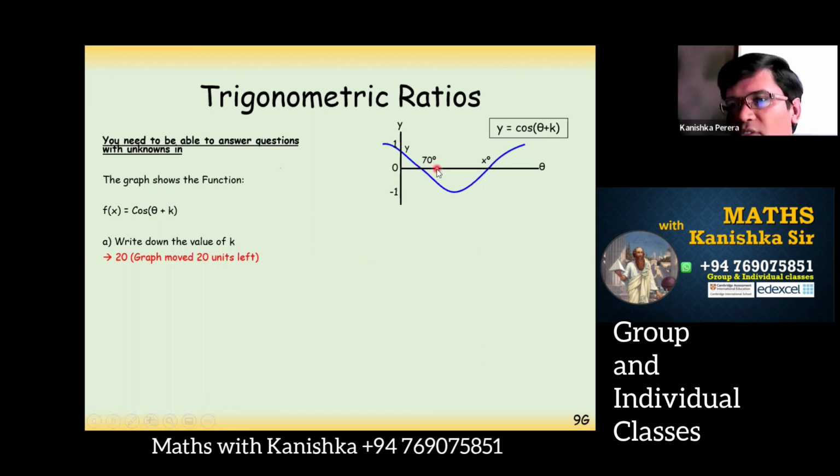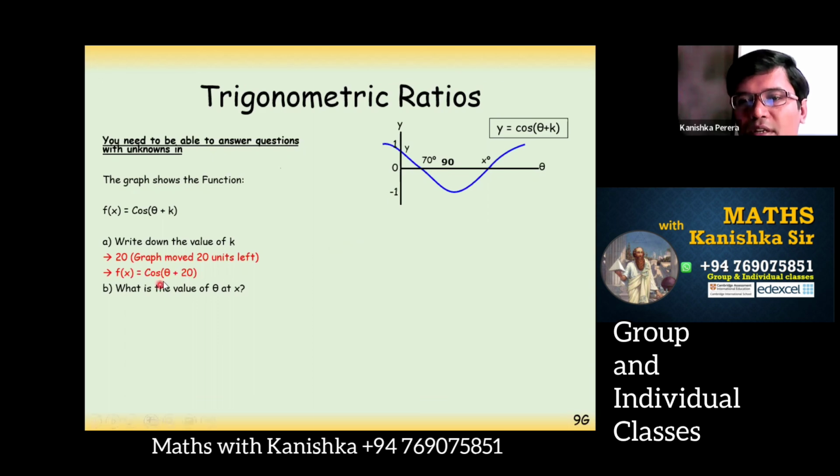It was 90, that is clear, somewhere here. Then it has been shifted to the left by 20, so now it is at 70. It was 90 initially, now it's at 70. That means shifted by 20 units, right?